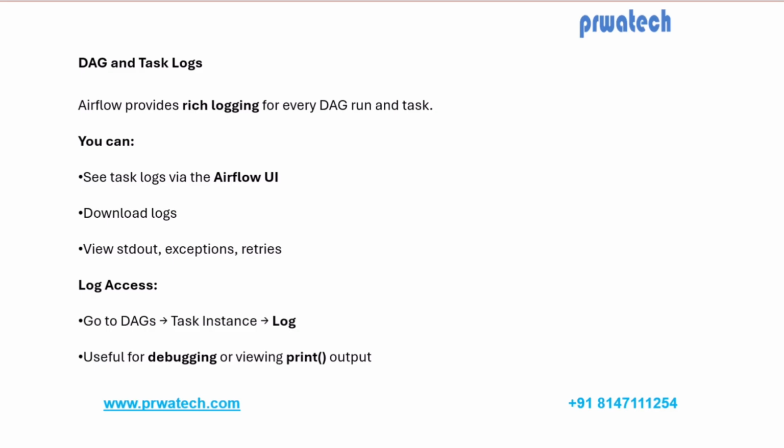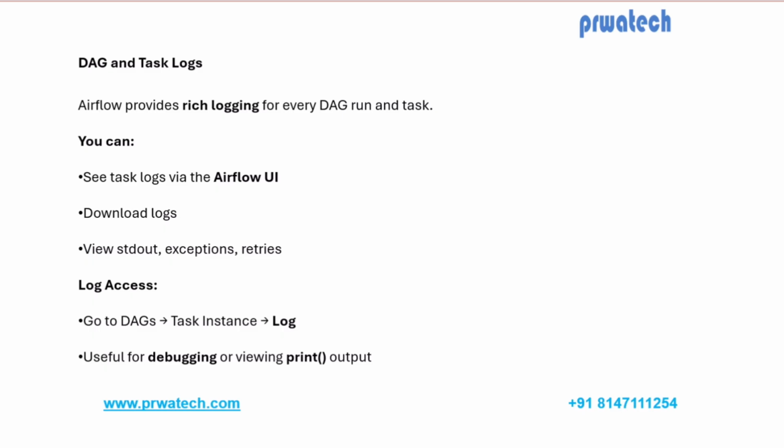Logs. Logs in Airflow are automatically generated output for each task instance, every retry, all print or logging info outputs, and tracebacks and exceptions. Logs are stored per DAG run and per task instance.